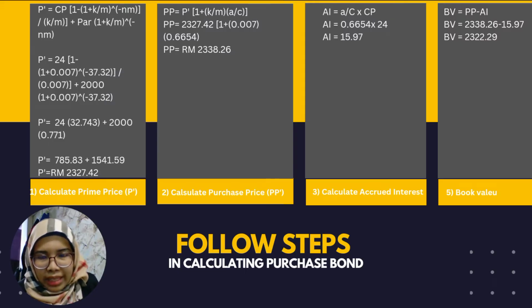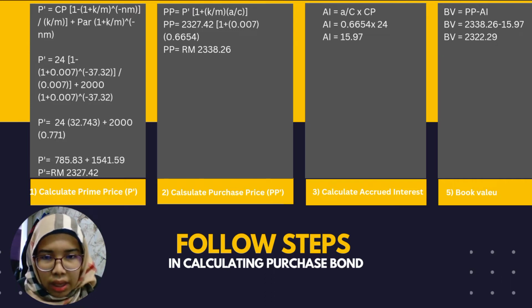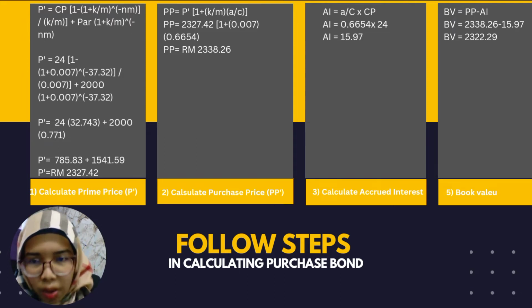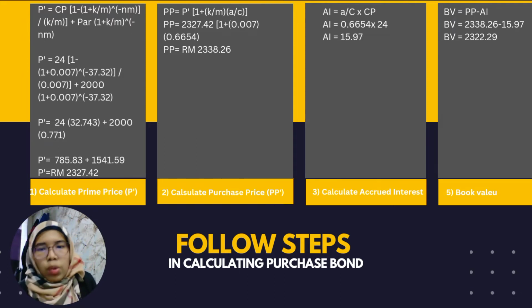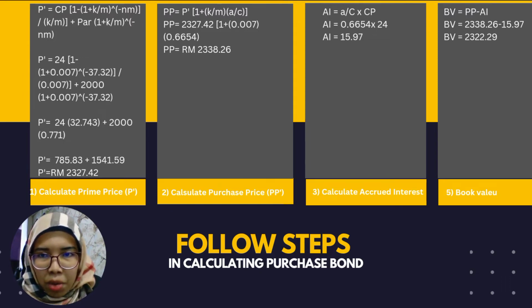Alright, from this information, how do we want to solve the question? First, follow the steps in calculating purchase bond. The first step, we must calculate prime price. So this is the formula. Second, we need to calculate purchase price, which is PP prime.